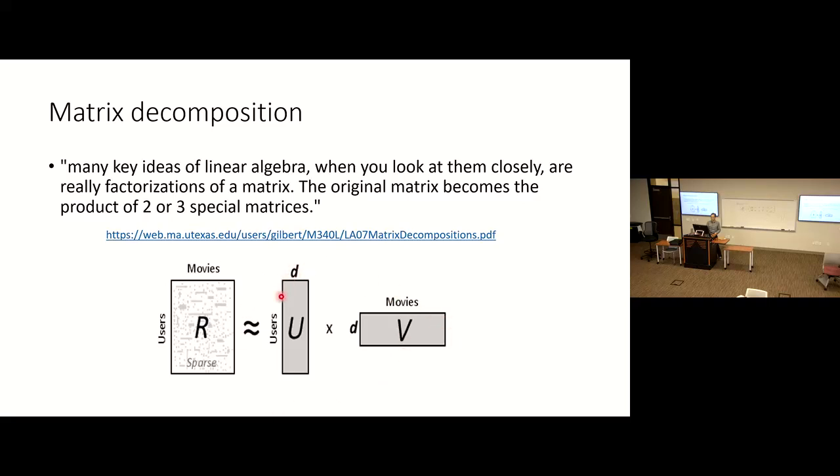The product of these two matrices, U and V, will approximate the values in the observed data matrix R. So this is one of the examples, different from our discussion of sandwiches.